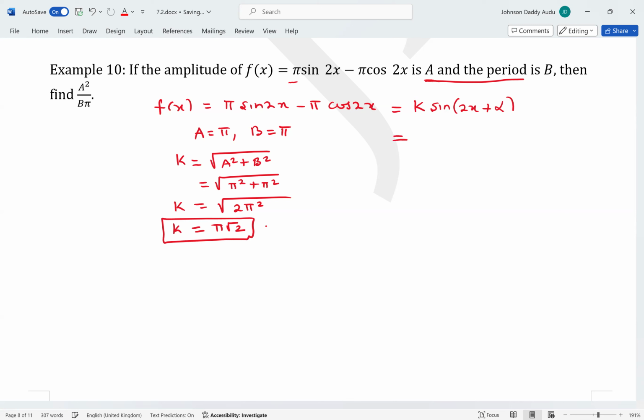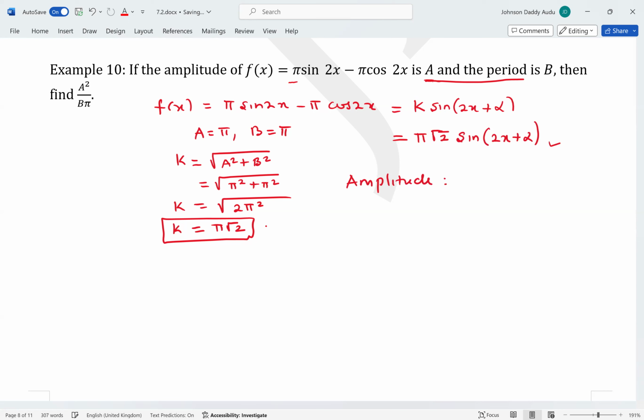So this we can write as pi root 2 sine of 2x plus alpha. So this is it. Now, what is the amplitude?